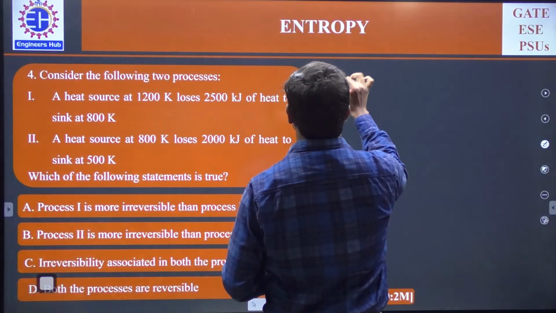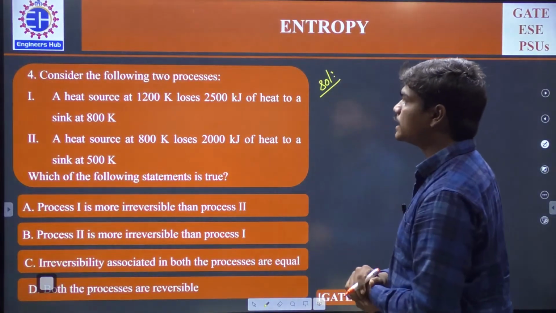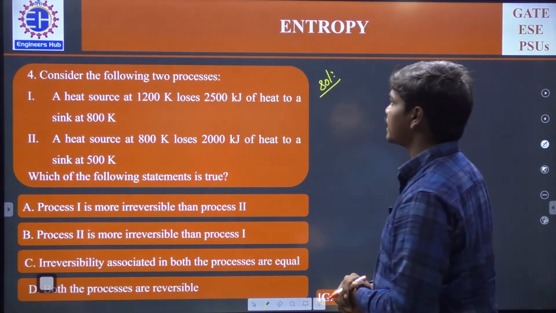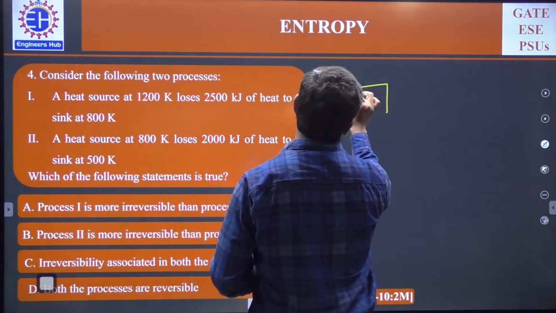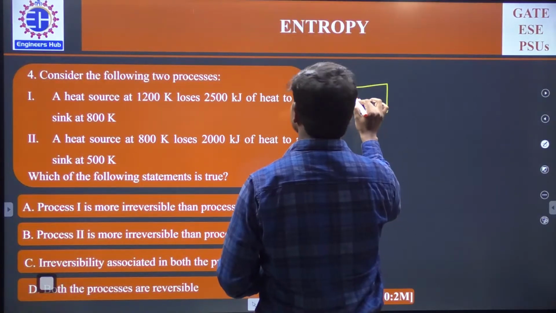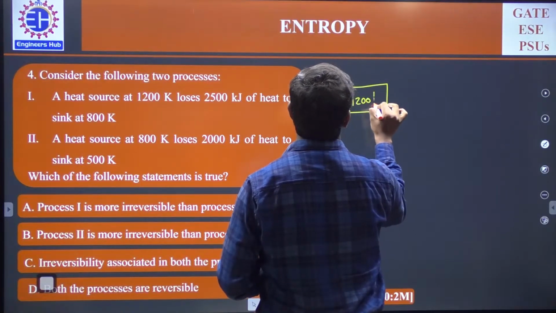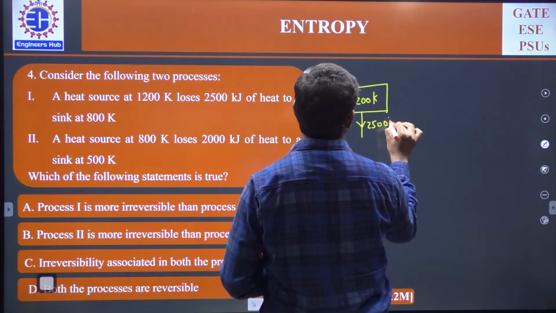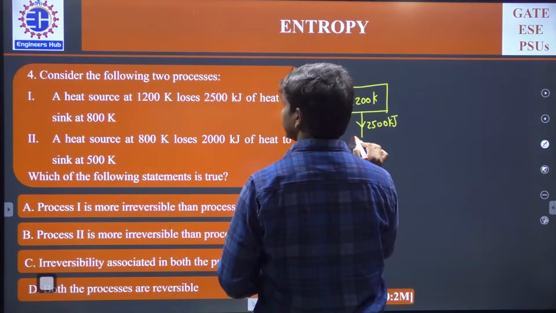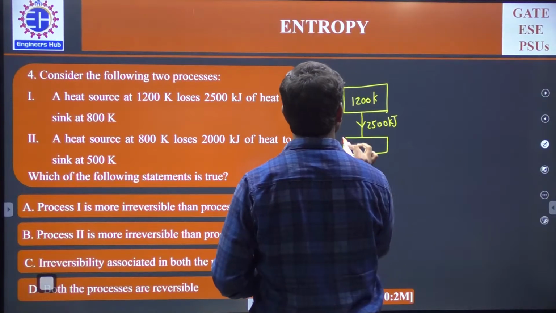Solution. Now, a heat source at 1200 Kelvin loses 2500 kilojoules of heat. So there is one source which is at 1200 Kelvin, and this is losing heat of 2500 kilojoules, and this heat is received by a sink.